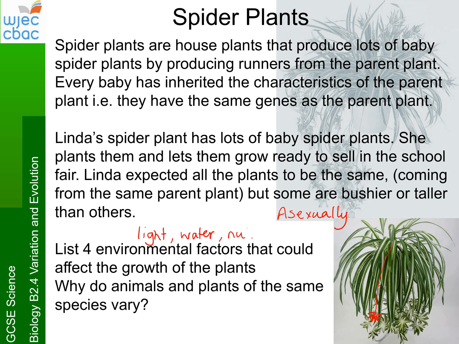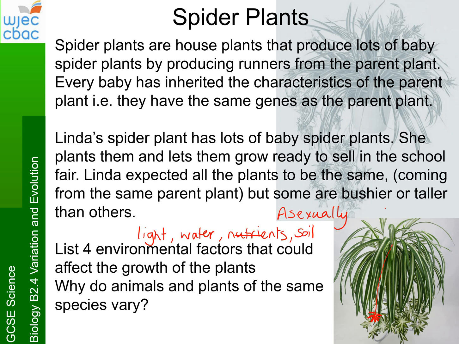Some might get more nutrients from the soil. Some might have a different amount of soil or a different type of soil. So these are generally the 4 environmental factors that could affect the growth of the plants, meaning that some are bushier or taller.